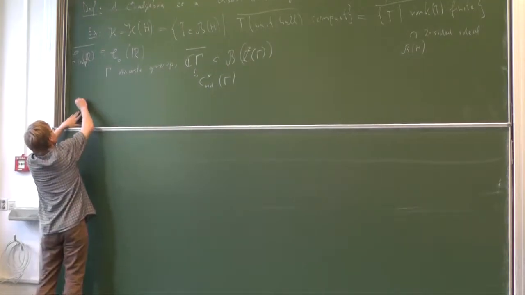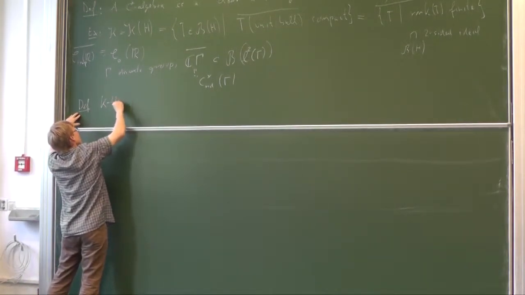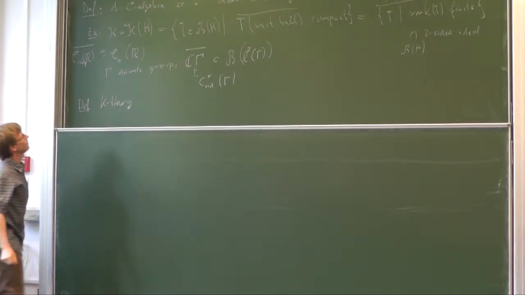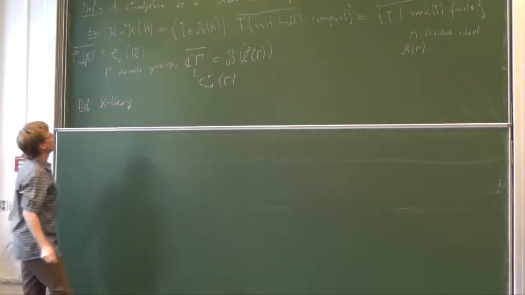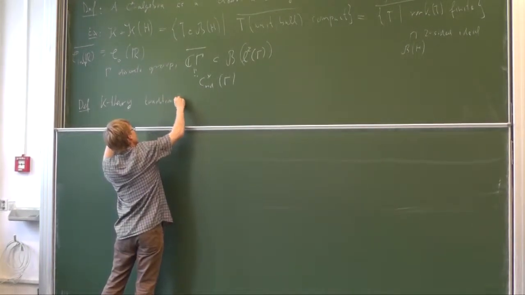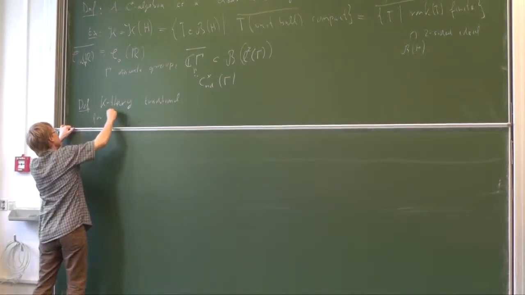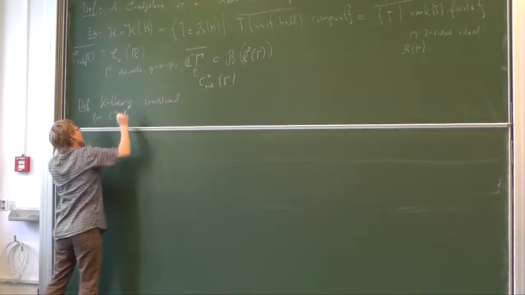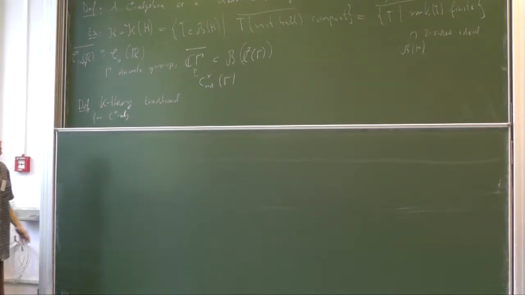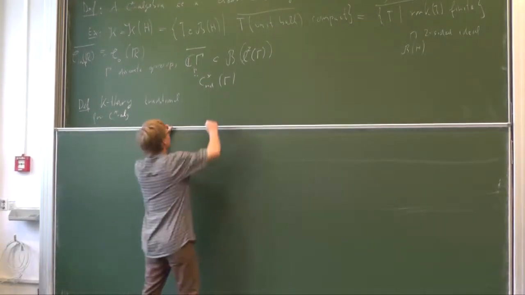That's K-theory. I'll define it a second way a bit later, but let me do it traditionally. So K-theory for C-star algebras is actually not a very long story. If you want to define it, it's just two groups.